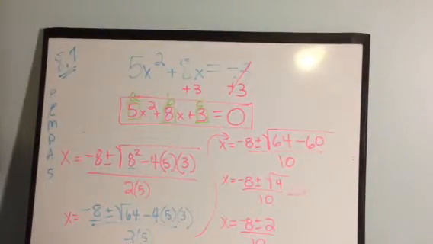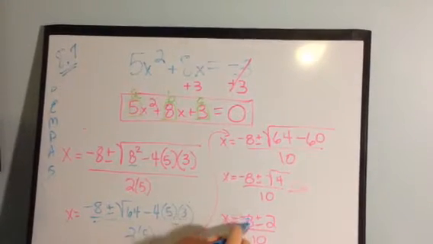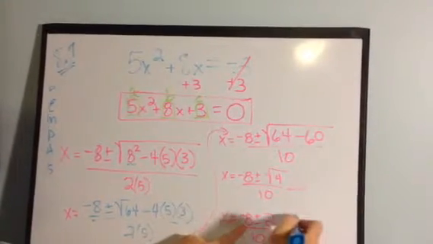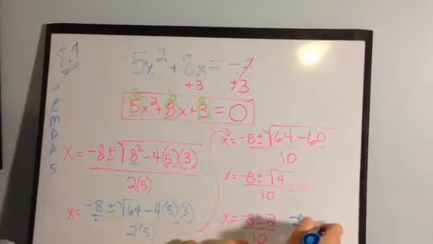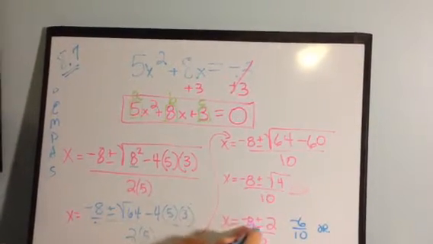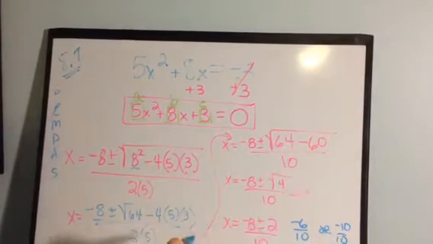Still looks kind of messy. So now I got to break it off into two answers. So negative 8 plus 2 gives me a negative 6 over 10. Or negative 8 minus 2 gives me a negative 10 over 10.